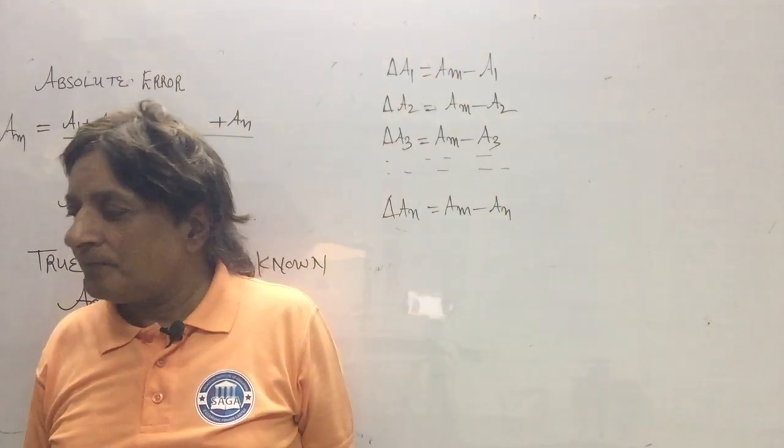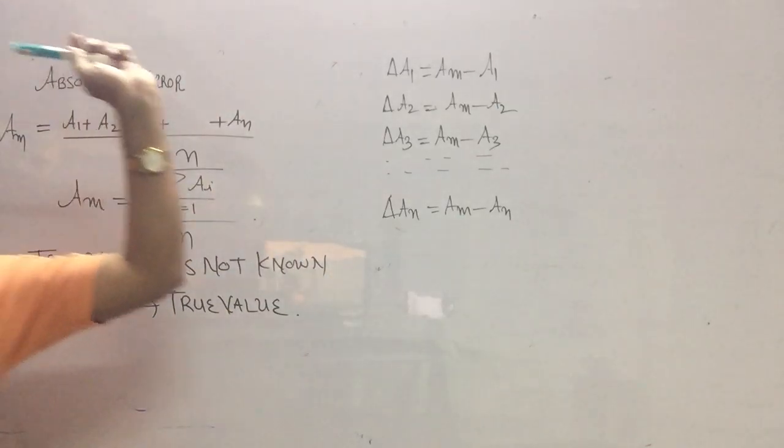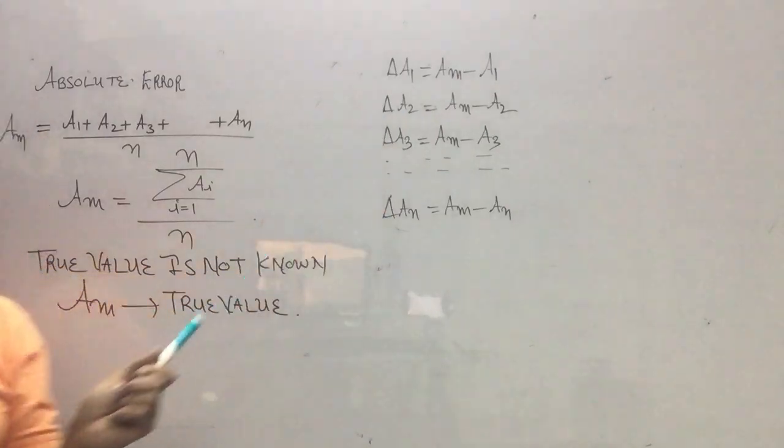Yes, sir. The magnitude of the deviation of the result of any measurement of the quantity from the arithmetic mean is called the absolute error of the measurement. Now, true value, nearly true value is what?